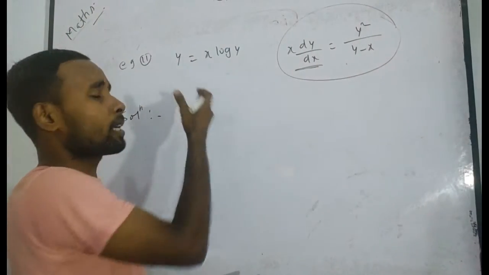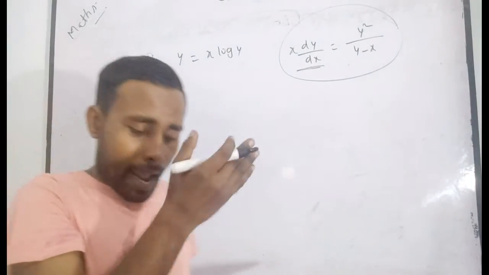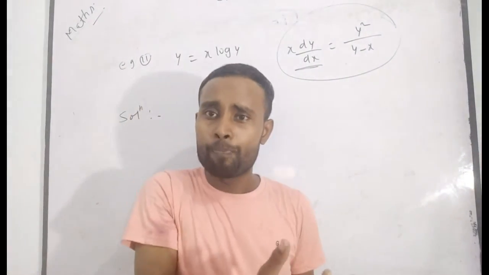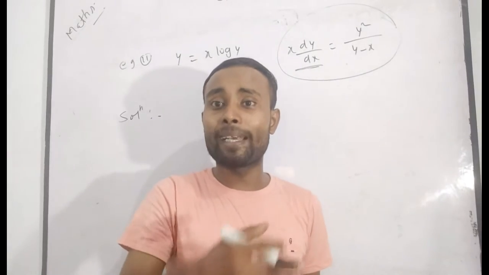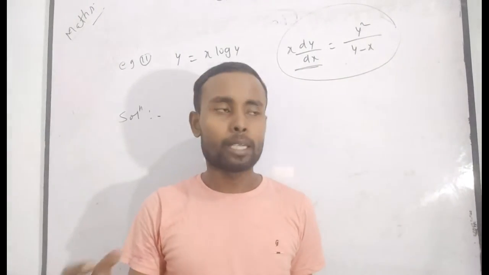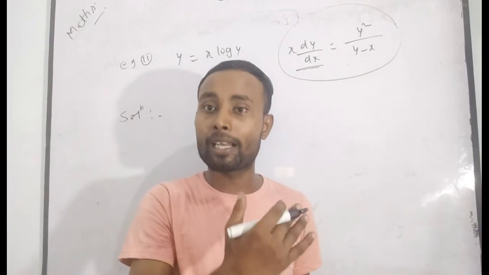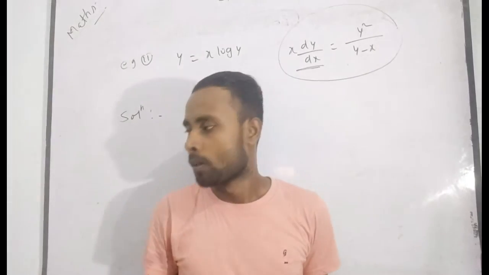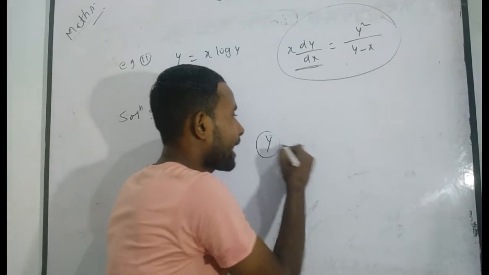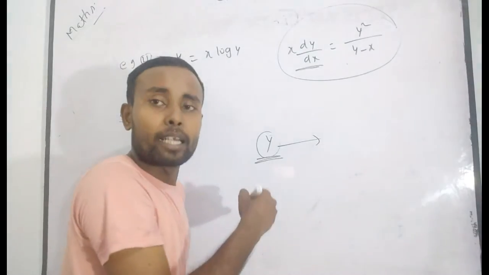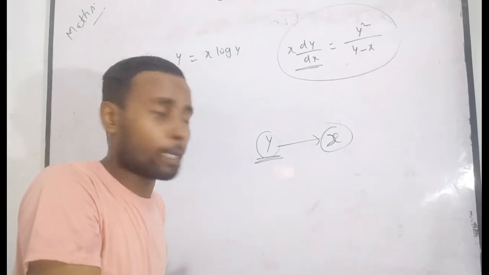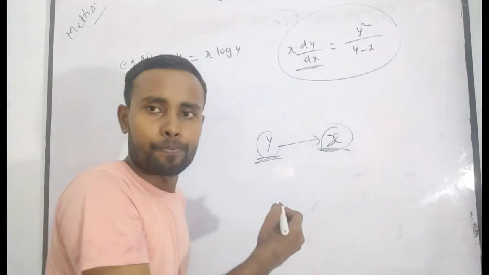Whenever a dependent and independent variable are given in such a way that you cannot express the dependent variable completely in terms of the independent variable, that means if you cannot express y, the dependent variable, in terms of x, the independent variable.